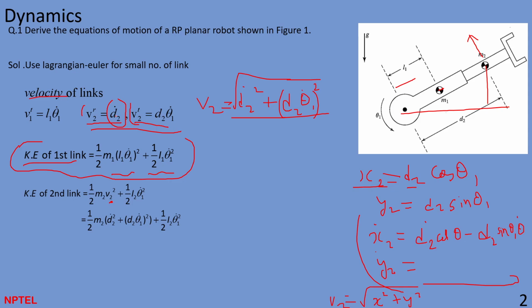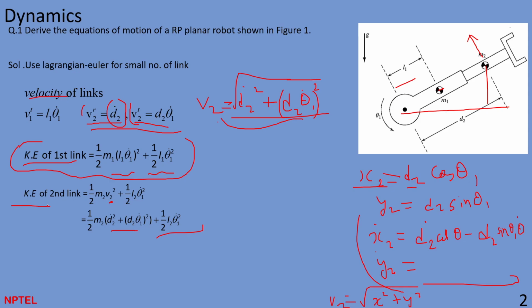Here they have just squared and added the radial and tangential terms, and if you do the same with Cartesian coordinates, you will get the same answer. Again, the moment of inertia will remain the same. Kinetic energy is the crux of the whole Lagrangian method.